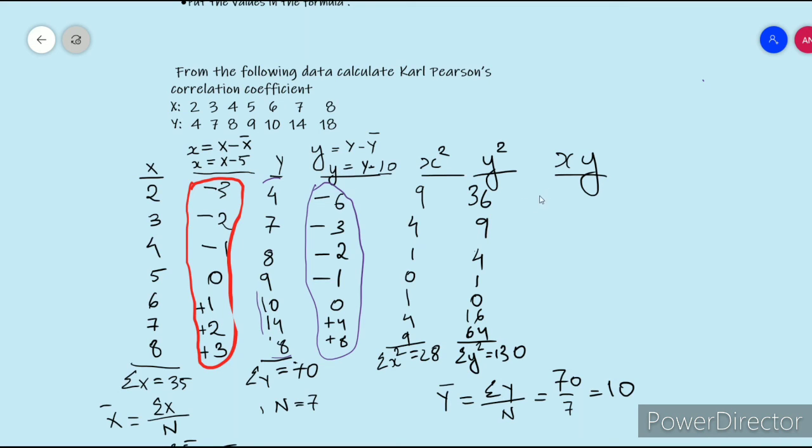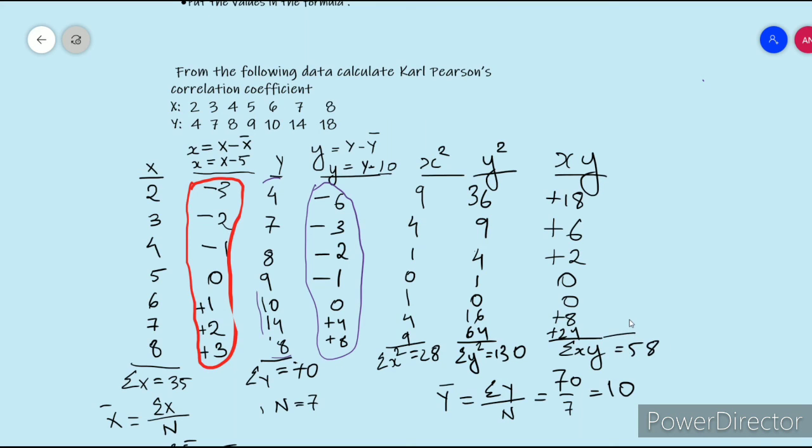So minus 3 into minus 6 will give us positive 18. Minus 2 into minus 3, positive 6. Minus 2 into minus 1, positive 2. 0 into minus 1, 0. 1 into 0, 0. 2 into 4, positive 8. Positive 3 into positive 8, positive 24. And we find the sum, we get 58.